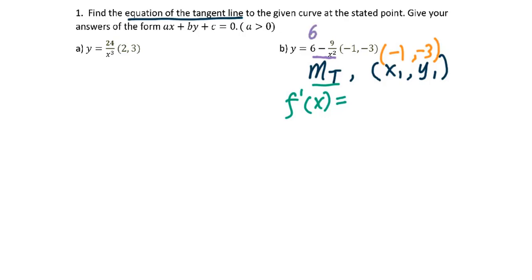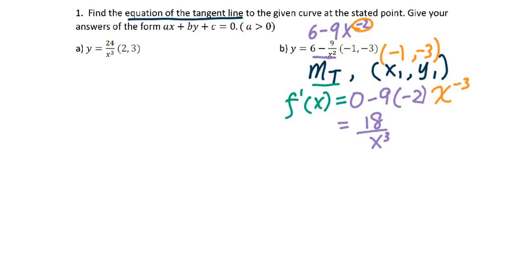So we have 6 minus 9 x to the negative 2nd power. The 6 is a constant, so you get 0 for it, then minus 9 times negative 2. Then for negative 2 minus 1, you will get x to the negative 3rd power. Organized, you will get 18 over x to the 3rd power. Then the slope of the tangent line equals f prime of negative 1.